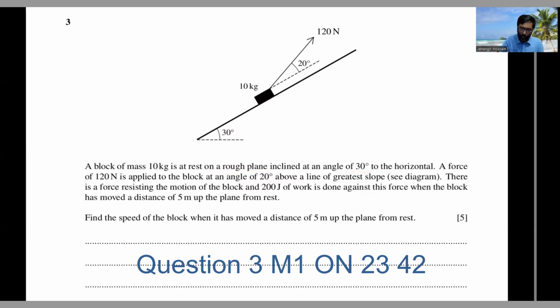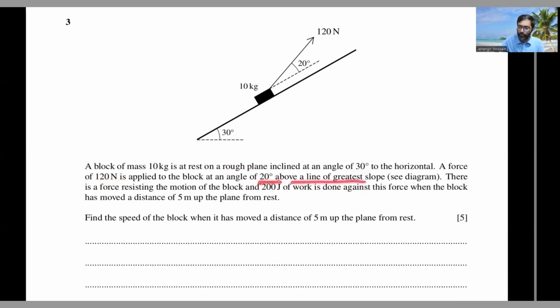A force of 120 Newton is applied to the block at an angle 20 above a line of greatest slope, as shown in the diagram. There is a force resisting the motion of the block, and 200 joule of work is done against this force when the block has moved a distance 5 meters up the plane from rest.